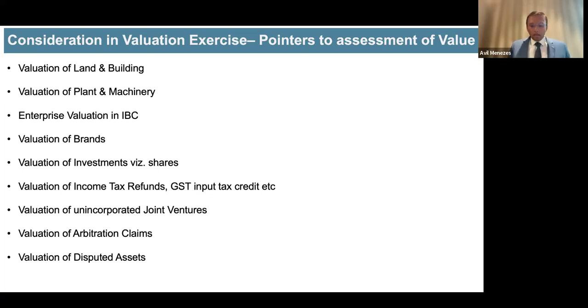Mostly these are infrastructure projects which run over a period of 3, 4, 5 years, with multiple issues. For example, a road. I have taken a BOT project as a company. I have to execute that project, but I don't own the road. I don't own the land. It is owned by the government of India, or it is under the respective state. So someone has to give me that land for me to start that work.